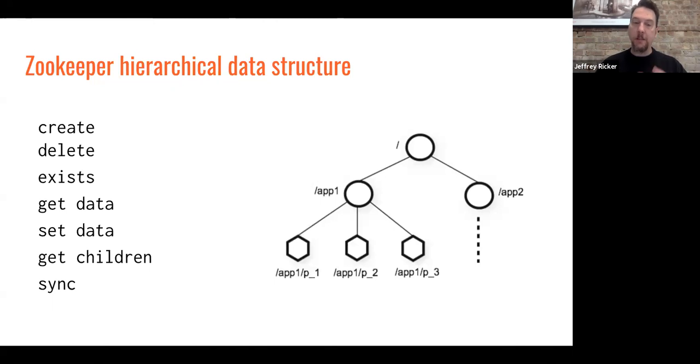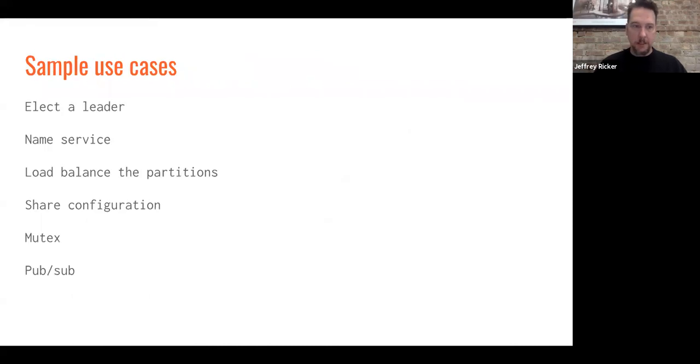And then because I have notification, I can watch, I can get notified if one of those things, one of the partitions is released, and then we can share the partitions. So it's a simple way of all my servers sharing that state of who owns what partition. Which in essence is just a mutex. You're just sharing locks across multiple processes.